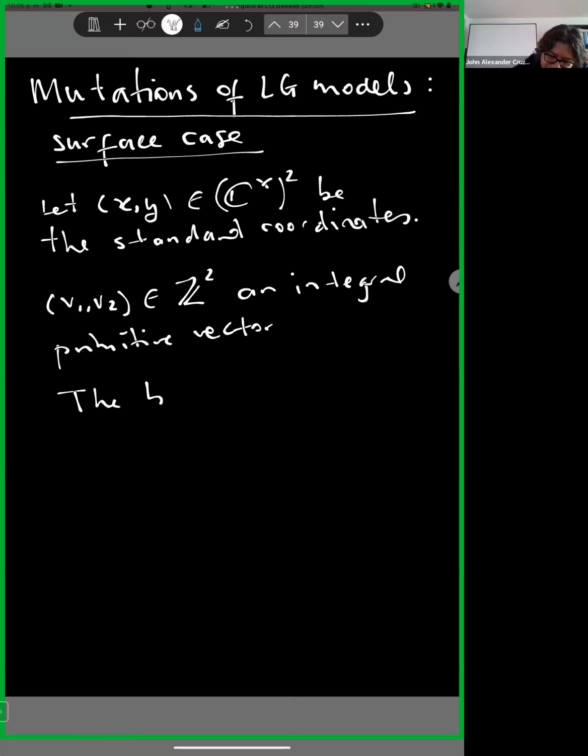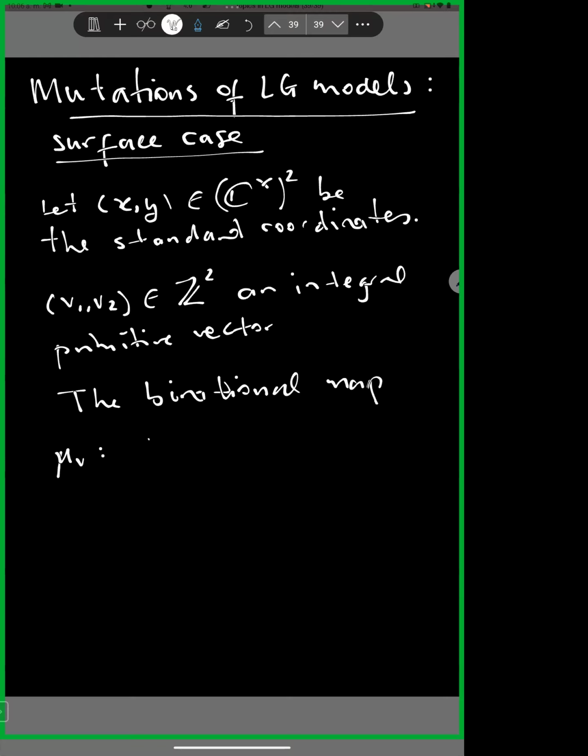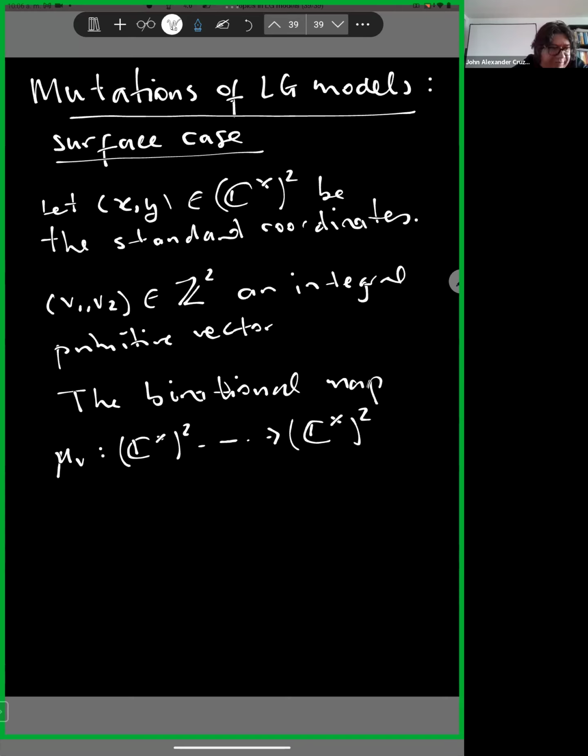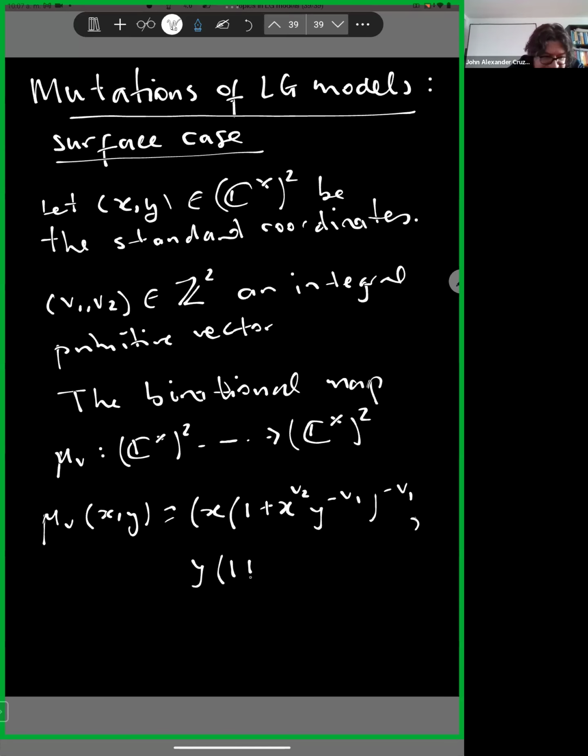Now we want to consider the following birational map, let me call it mu_b, from the two-dimensional torus to the two-dimensional torus, given by the following: (x, y) goes to (x (1 + x^b2 y^-b1)^-b1, y (1 + x^b2 y^-b1)^-b2).